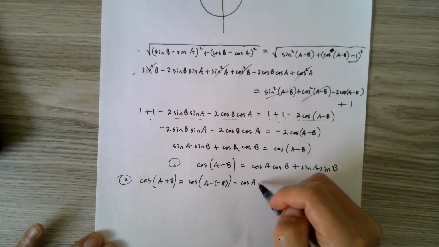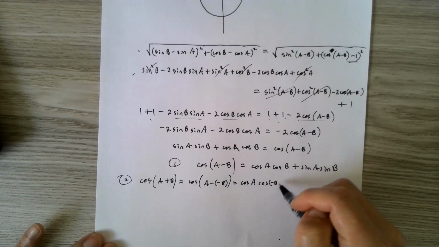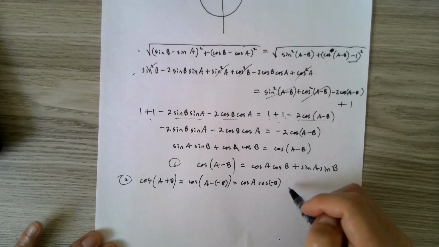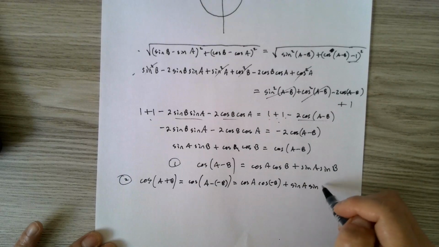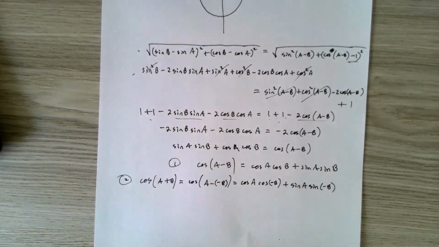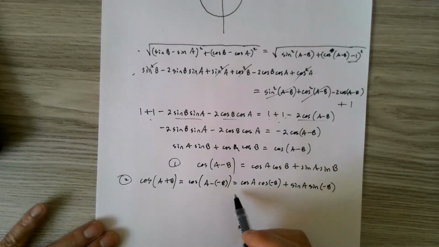Cosine a times cosine of negative b plus sine a times sine negative b. And I can still do something else.